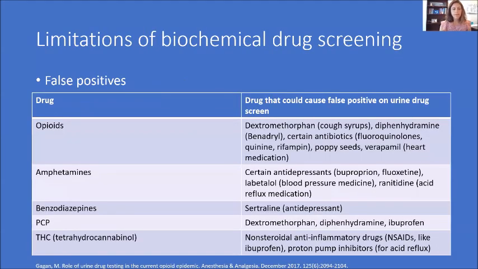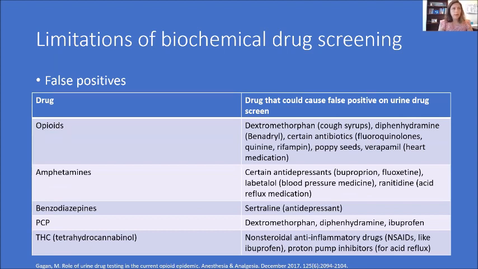In terms of the false positives that I talked about with these biochemical drug screens, these are just some examples. On the left, you'll see specific drugs, the first one being opioids. And then on the right, you'll see some other medications that are prescribed that can actually cause a false positive result on a urine drug screen.